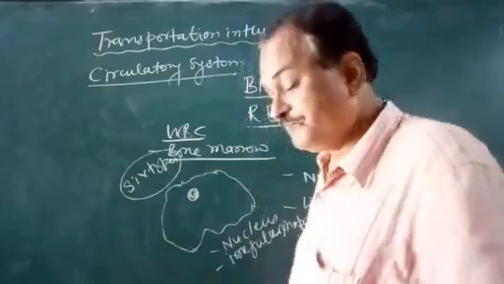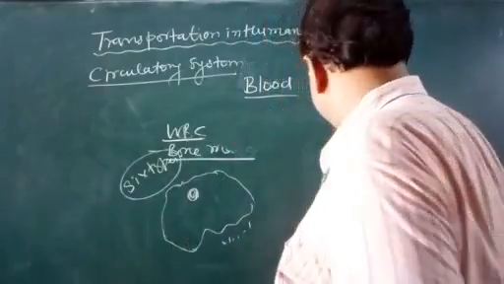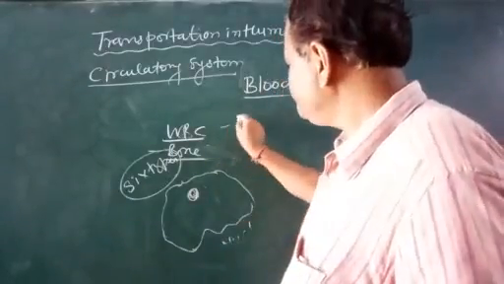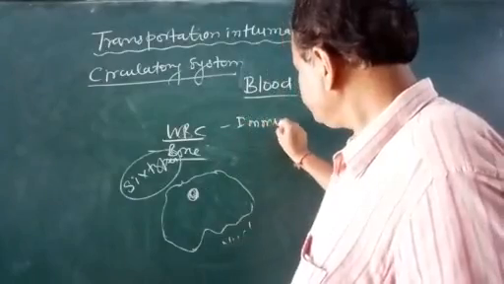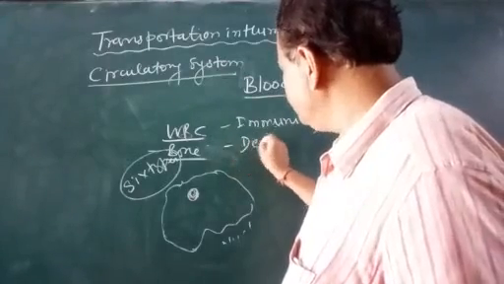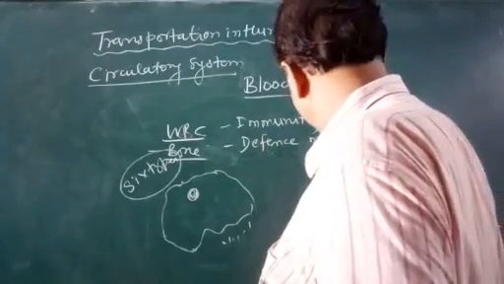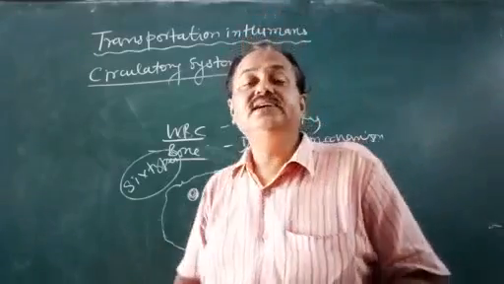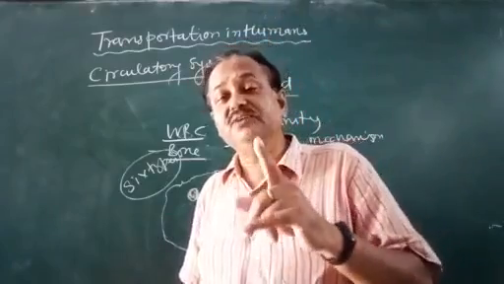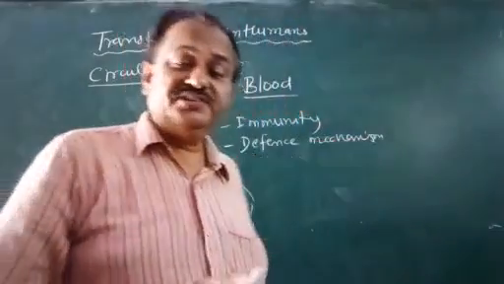So they provide immunity and a defense mechanism. They defend humans, animals, or mammals from foreign attack. So this is about the WBCs and RBCs.